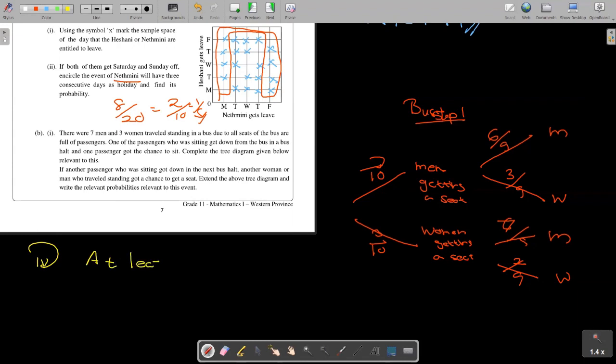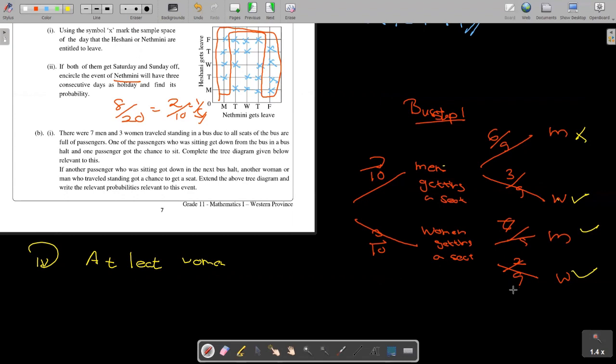At least one woman. So it can be men, woman, okay. This side, okay. Men, man, not okay. Woman, if the first person is a woman, then these two are also okay, woman, men, woman. So this is the only one that is not okay.